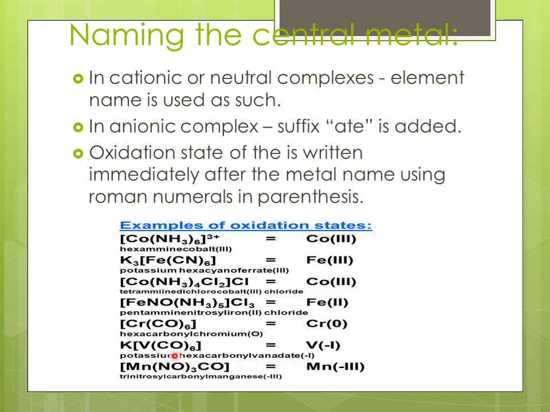Carbonyl is a neutral ligand, so this is minus. So minus 1 is its oxidation state. As its charge varies, we write minus Roman numeral I. And here manganese again, it's minus 3. So you will be writing minus 3. This is the oxidation number.